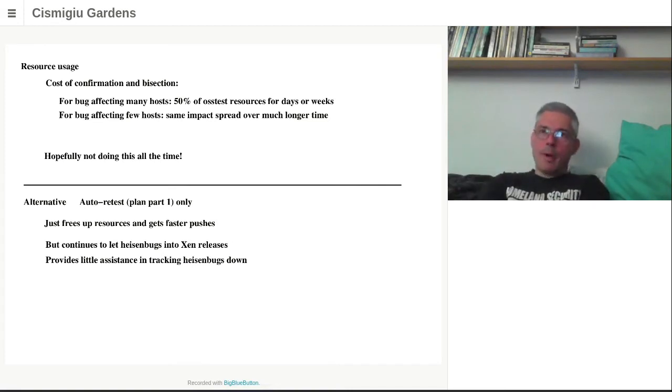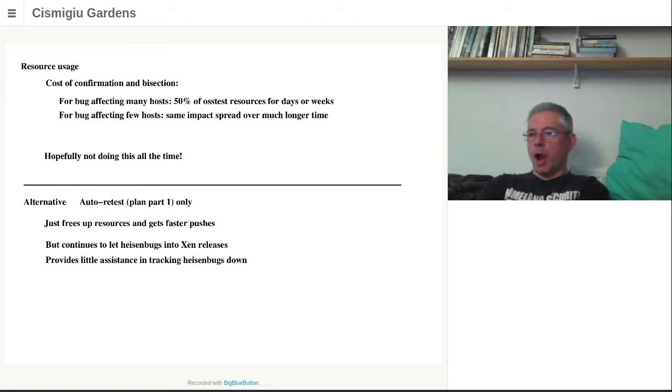So for a bug affecting many or most of the hosts in the system, if you introduce such a Heisenbug, it will probably take about half of osstest resources for a matter of days or weeks to confirm that that was indeed a Heisenbug. Of course, if the bug is fixed in the meantime, then that work can be abandoned. But if people are ignoring it, then it seems to me that that's a good use of resources to confirm that this is actually a real bug.